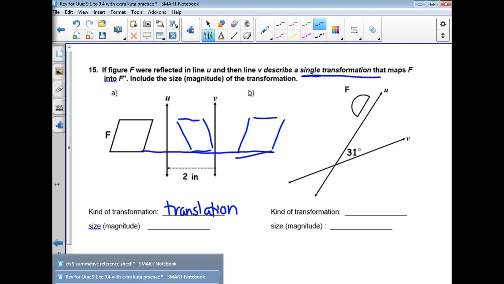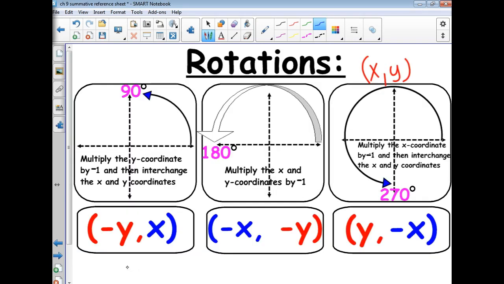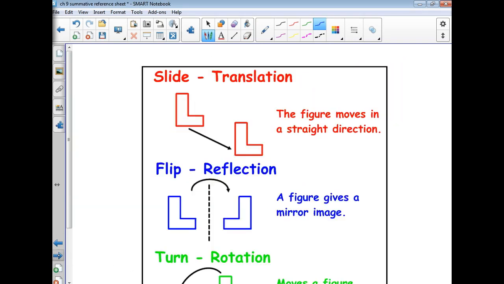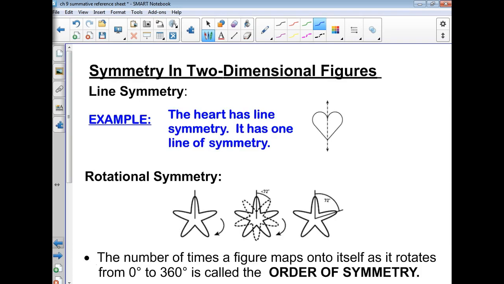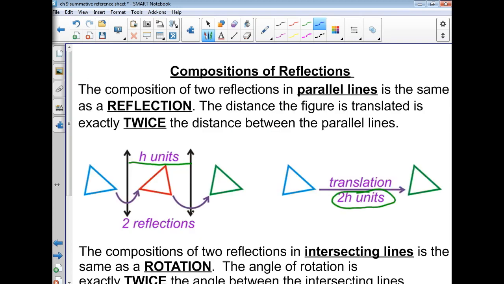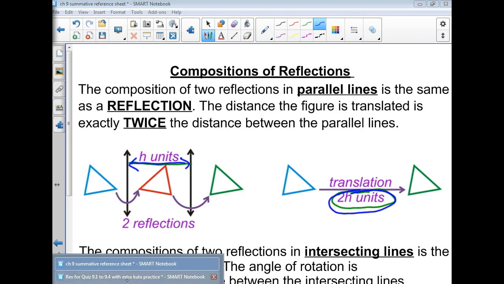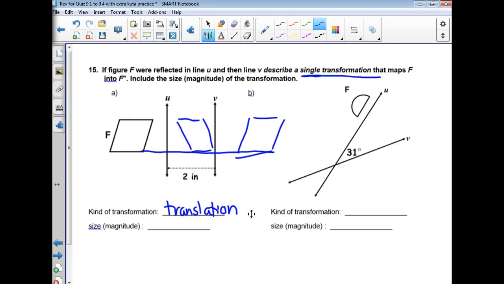Well, pretty easy if you've got that sheet that says if you do a composition of reflections over two parallel lines, then the distance the first figure traveled to get to the third is 2 times the distance between the lines. How far is it between the lines we had? 2 inches. So how far did the whole thing go? 4 inches.